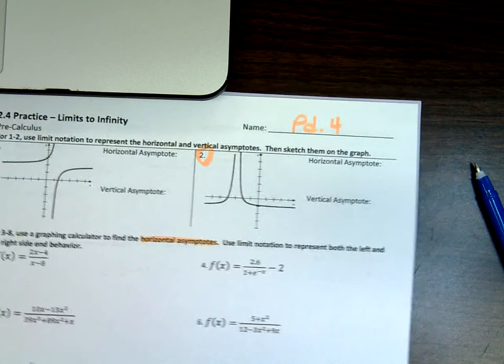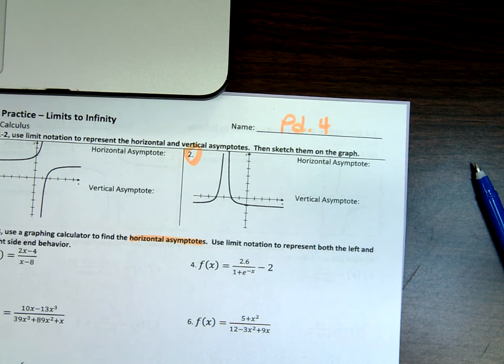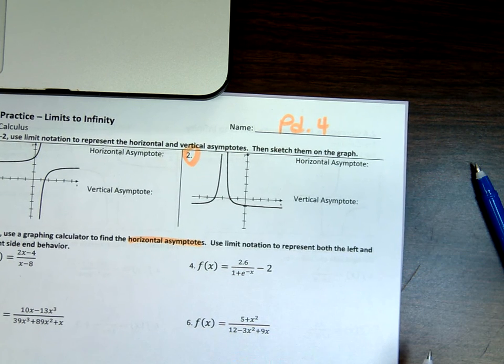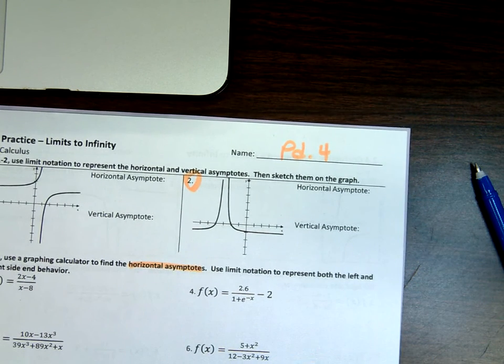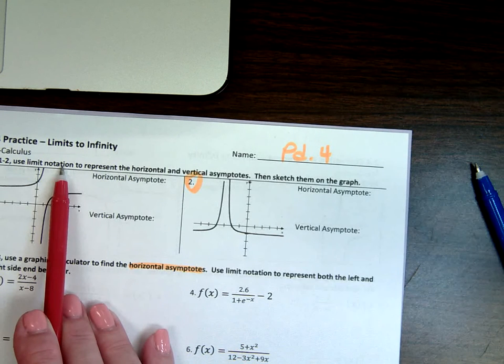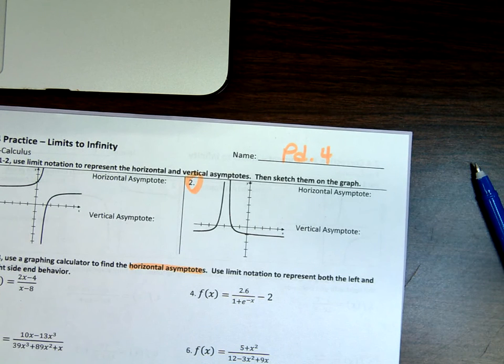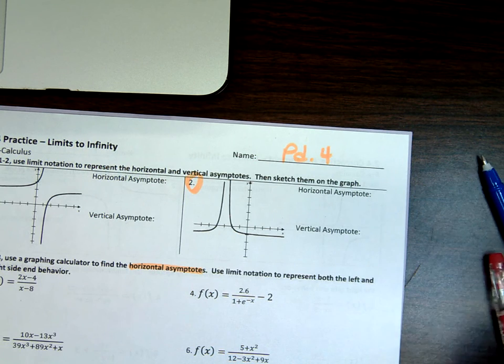So here's some examples that I picked out that go with what we're talking about. You've got to use the same notation I'm using, okay? So this is going to be important. It says to use limit notation to represent the horizontal and vertical asymptotes. Sketch them on your graph. Let's sketch them first.